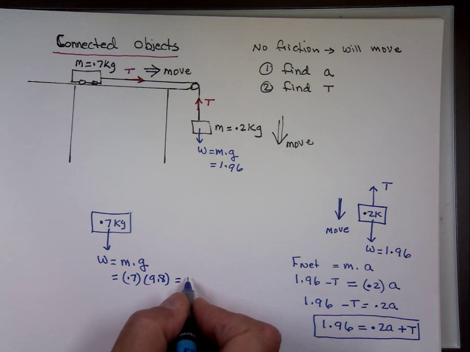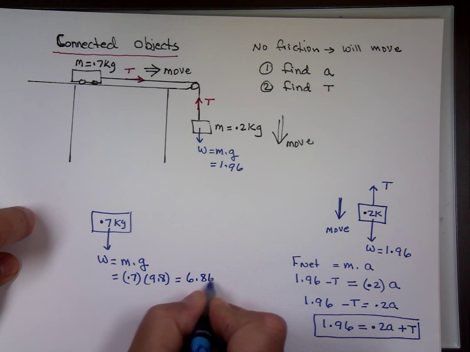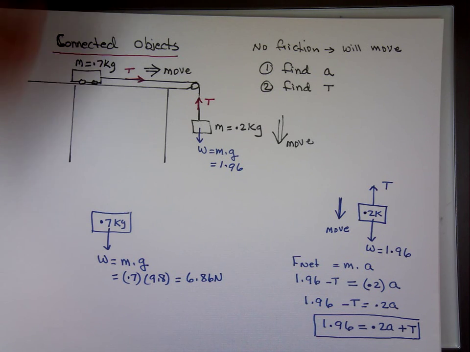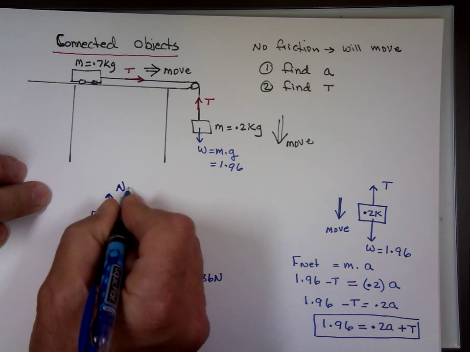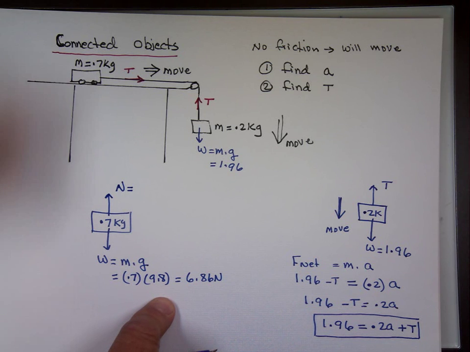And that number is 6.86. The glider is not bouncing on the table. It's not going up and down on the table. So that means we have a normal force upward there. And that normal force has to equal to this. There is no net forces in that direction, because if there is one, then we're going up in air, coming down through the table.